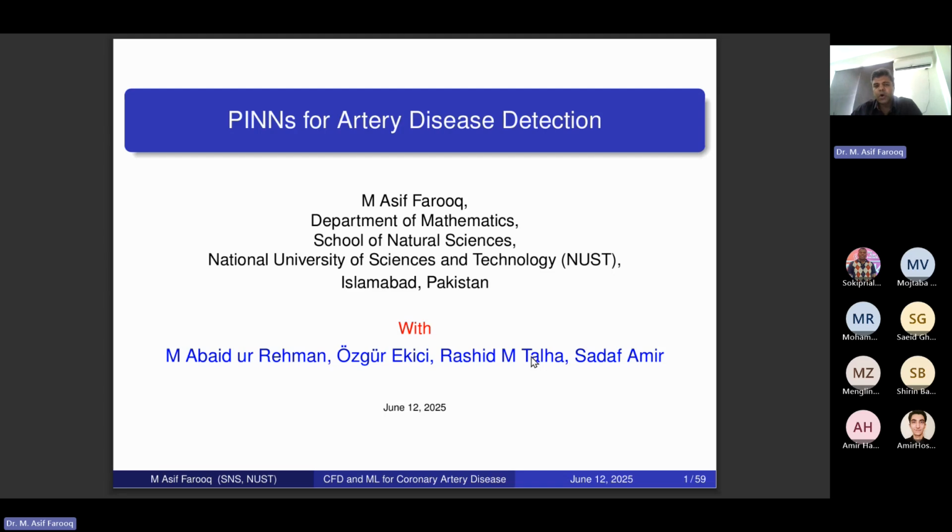Maybe the computational cost is the same as before, since you have to train the data, but once it has been trained, you can save time. So here we are using machine learning, which is actually PINNs, physics-informed neural networks, for artery disease detection. This was the brief motivation of doing this work.